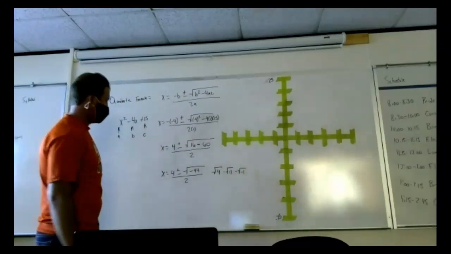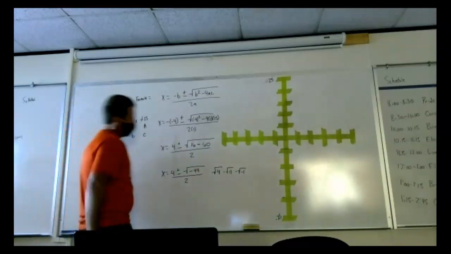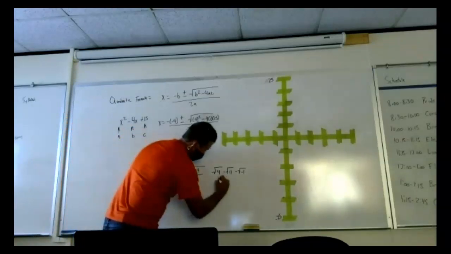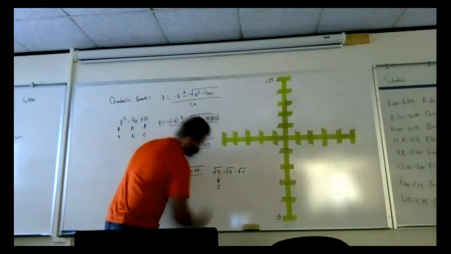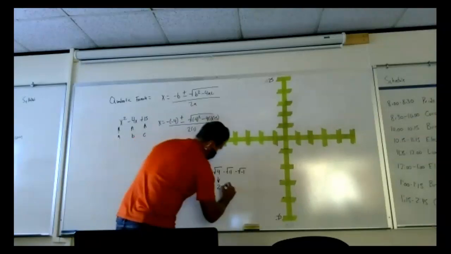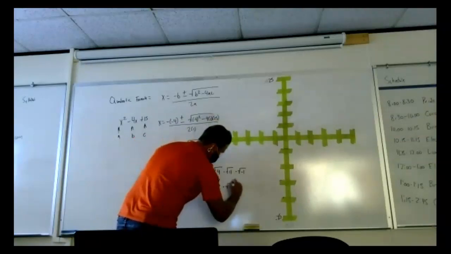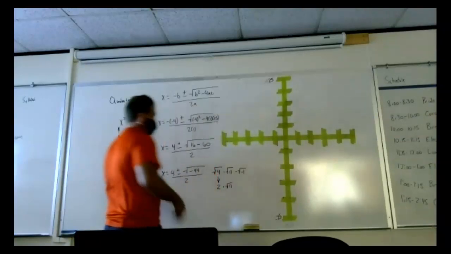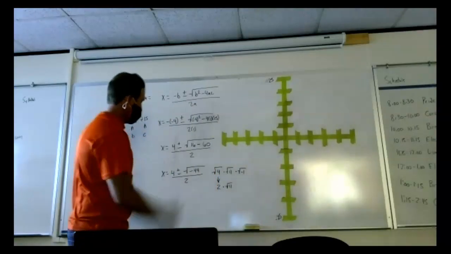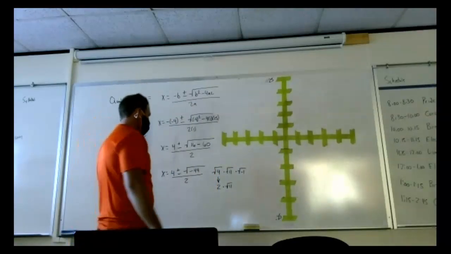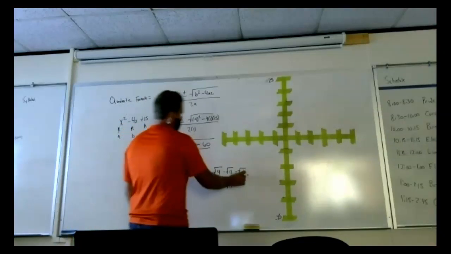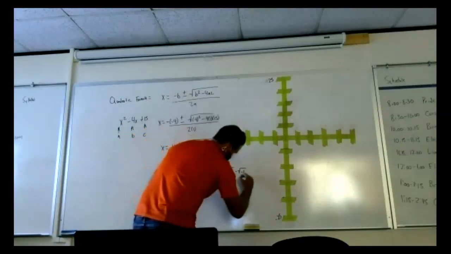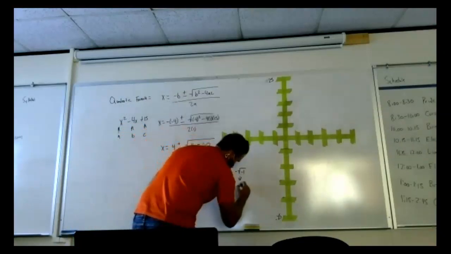So to help ourselves solve it, we're going to break these down. The square root of 4 is equal to 2. The square root of 11 is an irrational number, therefore we're just going to give the exact answer of the square root of 11. And the square root of -1 is i.